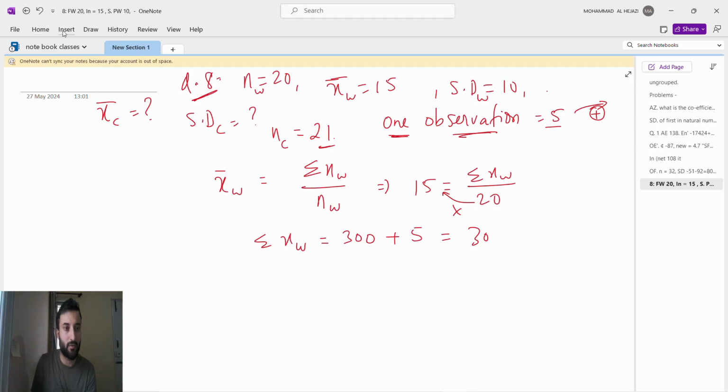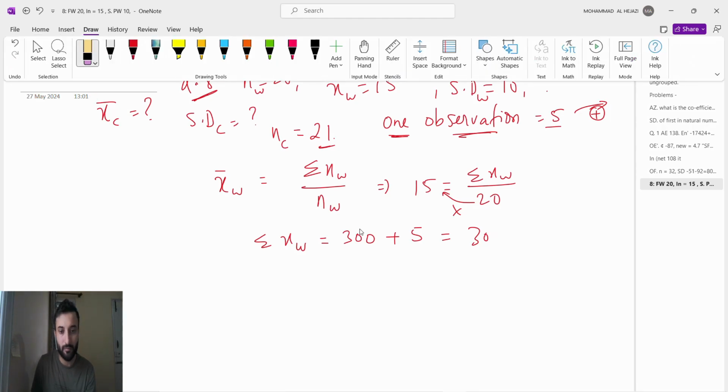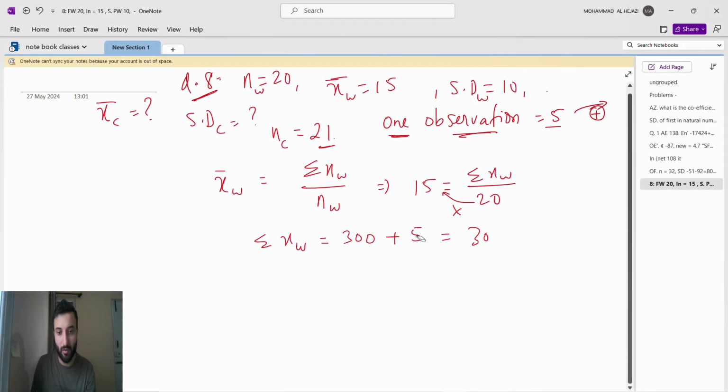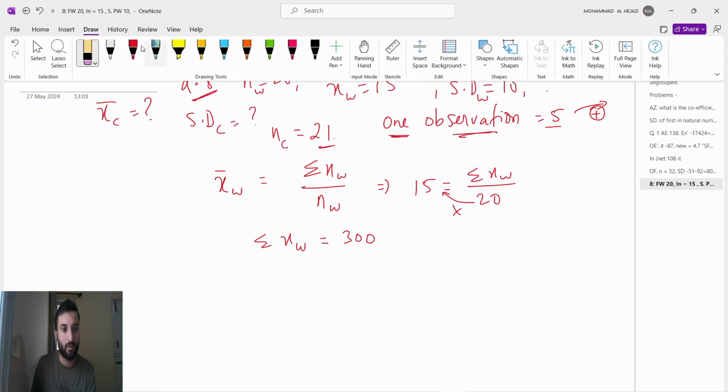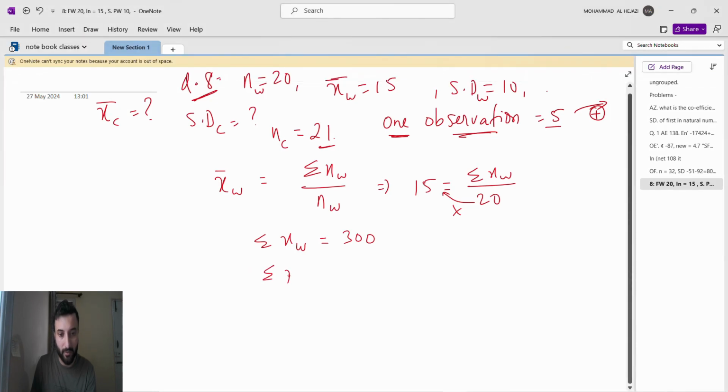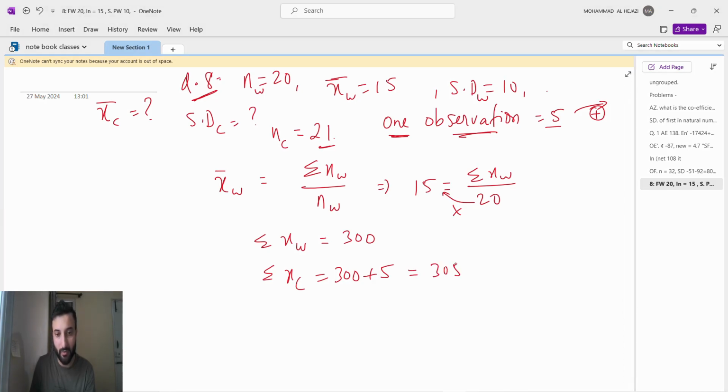This is the wrong sum. Now we have to find the correct one. Correct means from the wrong we add the one which is left out. So 305. Now we'll find the correct mean.